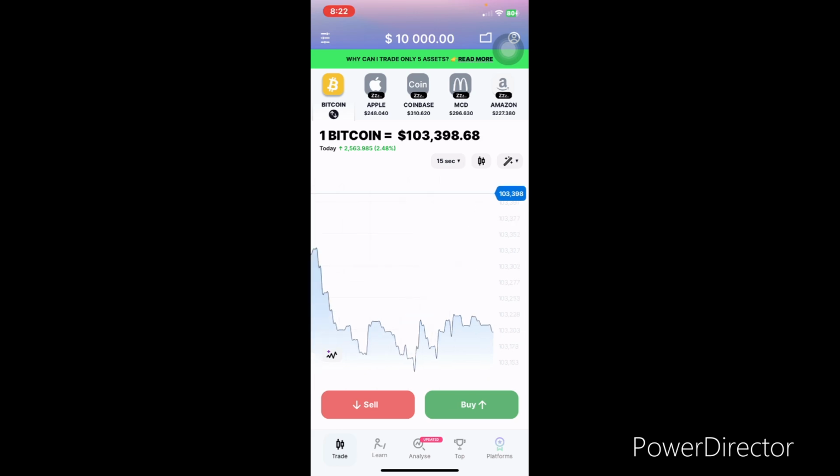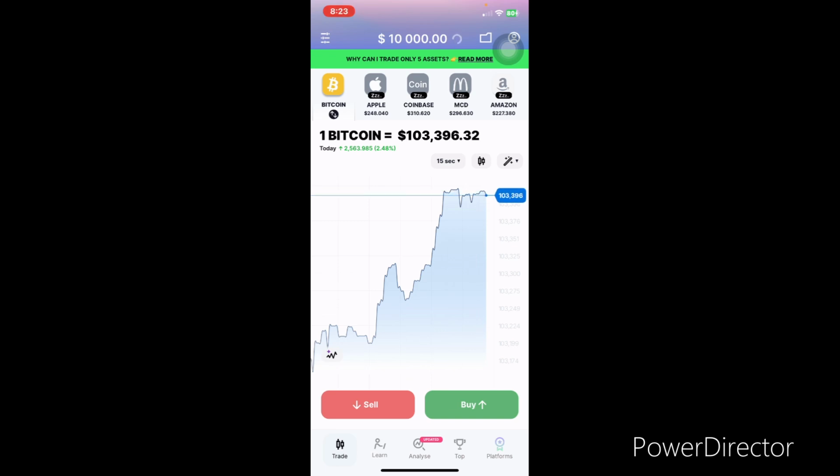After reading the chart, as you can see, it rises and drops. I think this is the all-time highest value of BTC. In this case we have sell and buy.